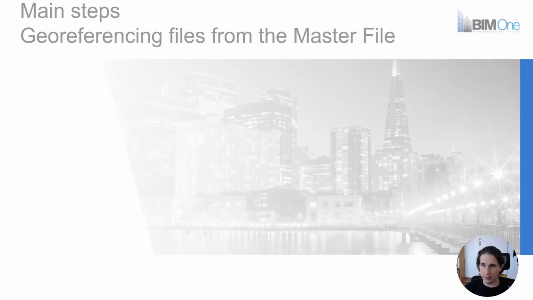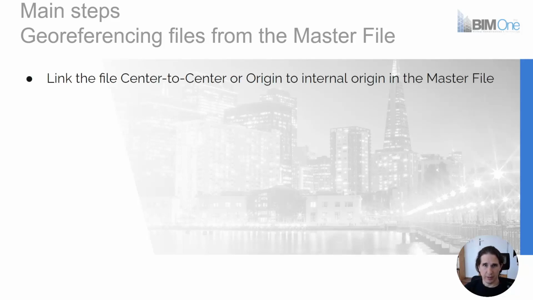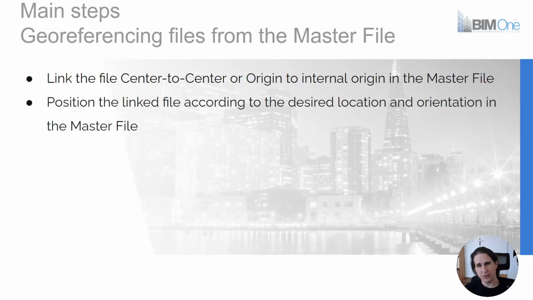So to sum that up, here are the main steps to georeference the files from the master file. You would have to link the file that you want to geo-reference center to center or origin to internal origin in the master file, and then position the linked file according to the desired location and orientation in the master file.